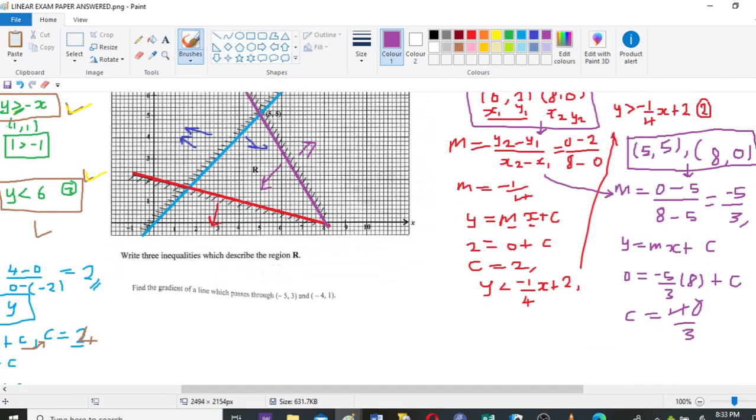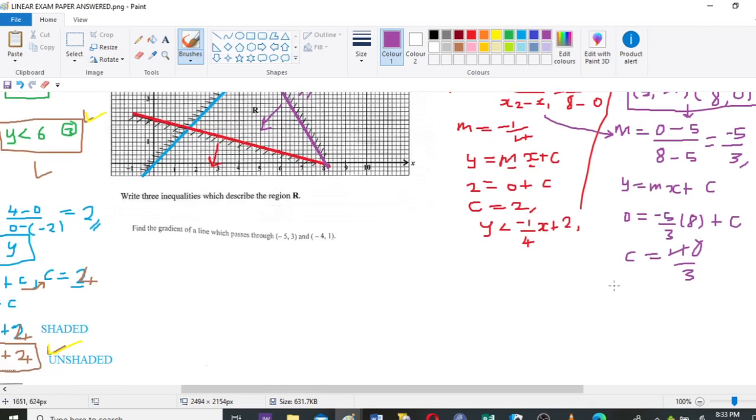So the inequality describing the shaded region in this case is y is greater than negative 5 over 3 x plus 40 over 3, right?